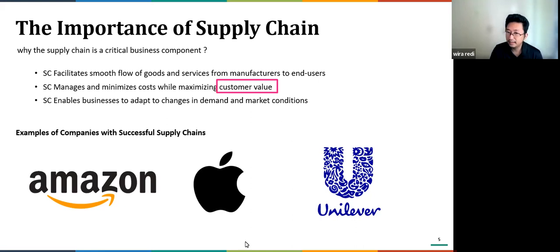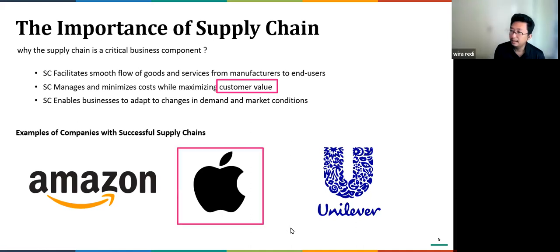Okay, take an example here, Apple products. Apple products, actually, one of the products that is most common is the phone, the iPhone. Let's take an example. If you break down the components of the iPhone, the price of the iPhone may not be as expensive as it's currently sold to the end customer, right?